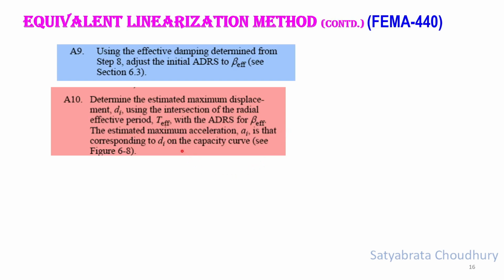We discussed in a previous video that radial lines from the origin in the ADRS format of the capacity curve or design spectrum curve give you constant time period. So since you already calculated the time period T effective, you are in a position to get that line, and wherever this line intersects the capacity curve is your performance point. So you know the di, ai point here. This is the first trial point, of course.